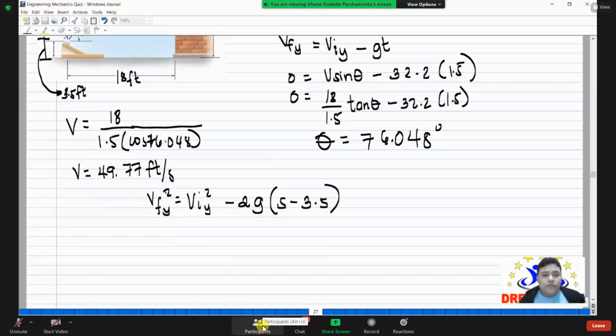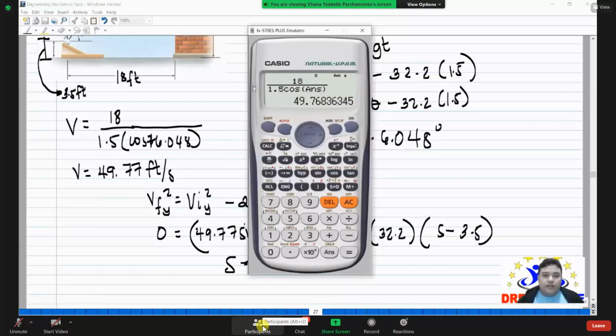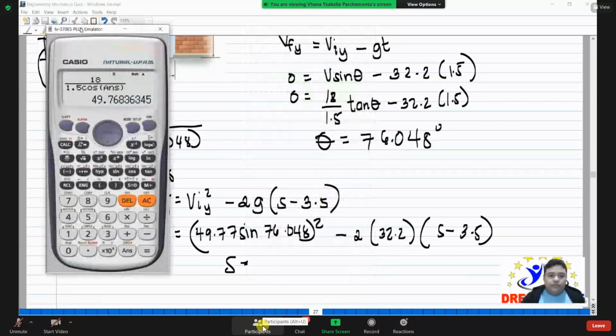So this is VF, Y is equal to 0. That is equal to 49.77 sine of yung 76.048 na quantity squared. Yan yung ating VIY minus 2 times 32.2 multiplied by S minus 3.5. So makukuha na natin yung displacement or the height.